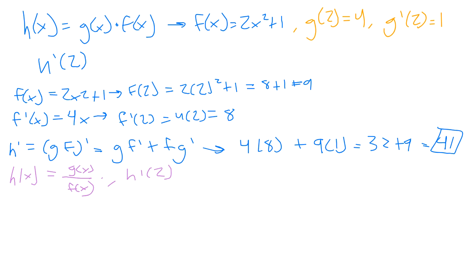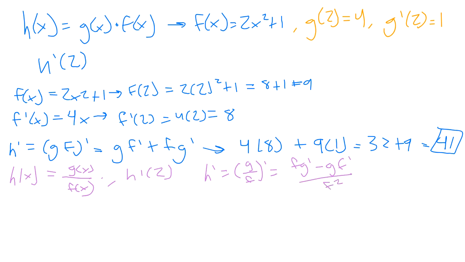Since we know that h is g over f in this case, we can say that h prime is f times g prime minus g times f prime all over f squared.